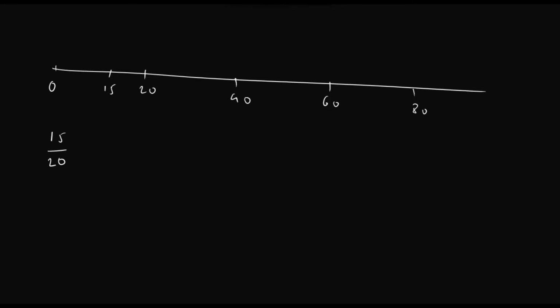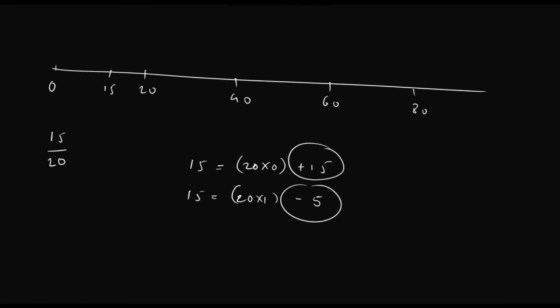Now I can write 15 as 20 into 0, which will be 0 itself, plus 15, or I can also write 15 is equal to 20 into 1 minus 5. So the remainders are plus 15 or minus 5, which I can also say 15 is 15 more than a multiple of 20 or it is 5 less than a multiple of 20.